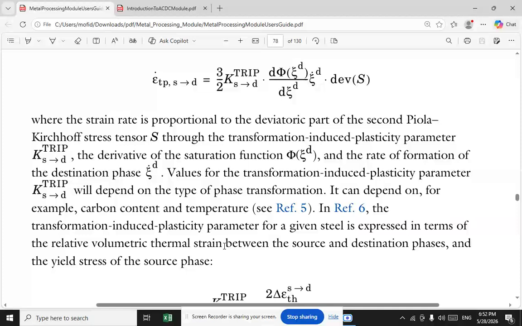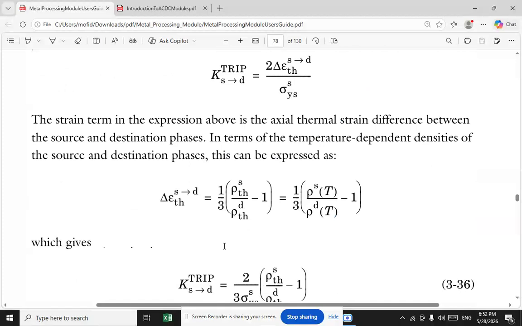The transformation-induced plasticity parameter for a given steel is expressed in terms of the relative volumetric thermal strain between the source and destination phases and the yield stress of the source phase. The strain term in the expression above is the actual thermal strain difference between the source and destination phases in terms of the temperature-dependent densities of the source and destination phases.